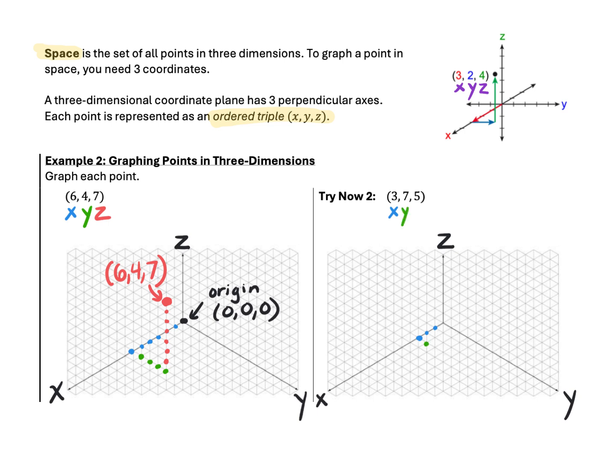So that's 1, 2, 3, 4, 5, 6, 7. And then I need to go 5 in the z direction. So up 1, 2, 3, 4, 5 vertically. And that's where our point ends. So that's the ordered triple 3, 7, 5.